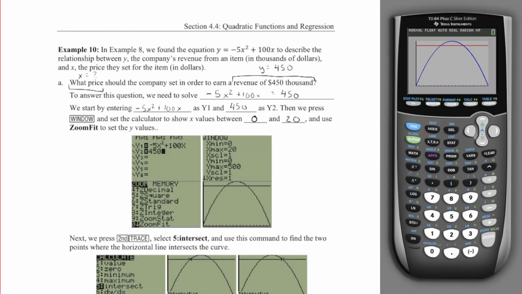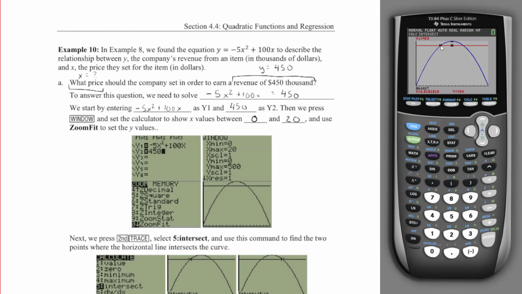And to find the point of intersection, we say second trace, choose the intersect function. First curve defaults to the parabola, so we hit enter. Second curve defaults to the horizontal line, so we hit enter. Guess, we're going to find the point on the left first.